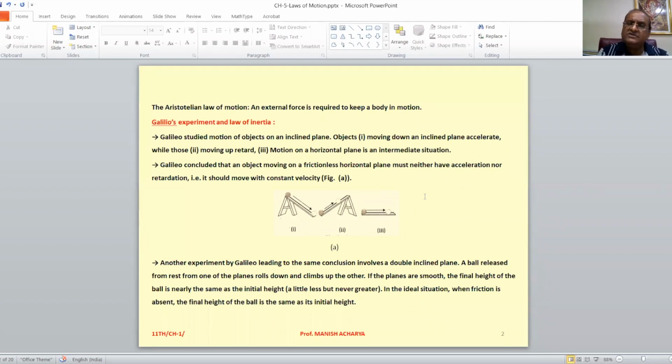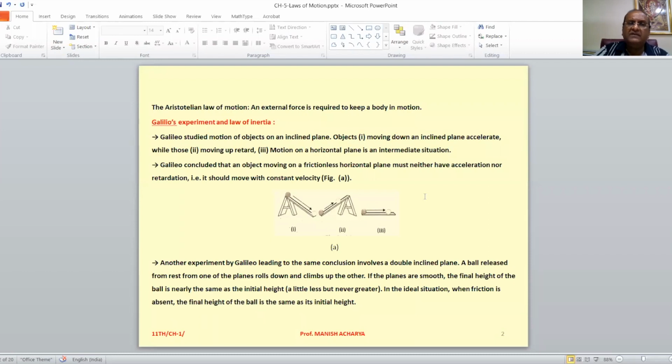This is merely by observation, you can say. And Aristotle also suggested the same thing: an external force is required to keep a body in motion. But this law failed after all.